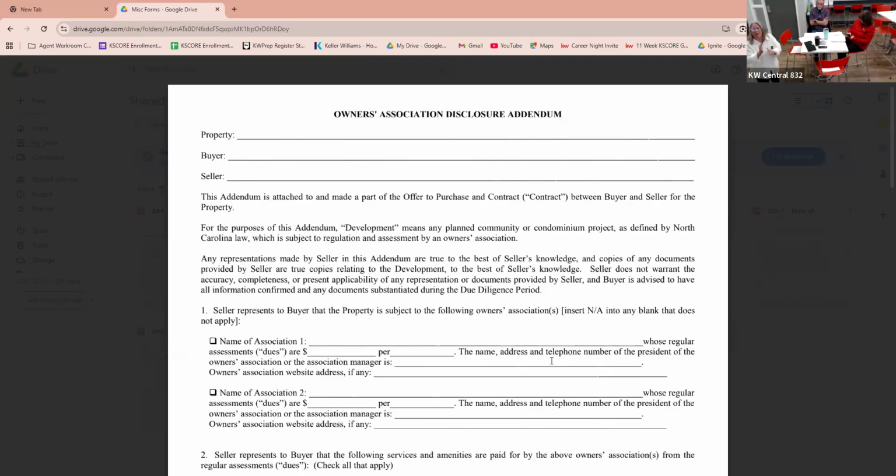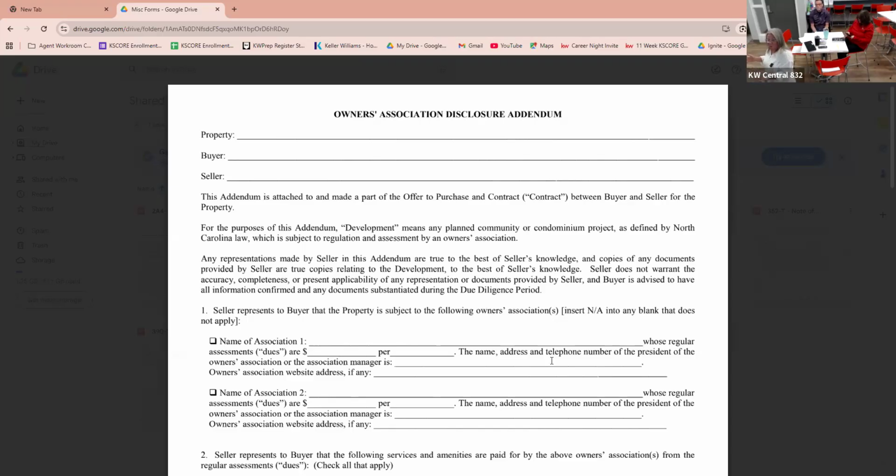Okay, Owners Association disclosure addendum. When is this required? This is required anytime there is an HOA. There may be more than one.